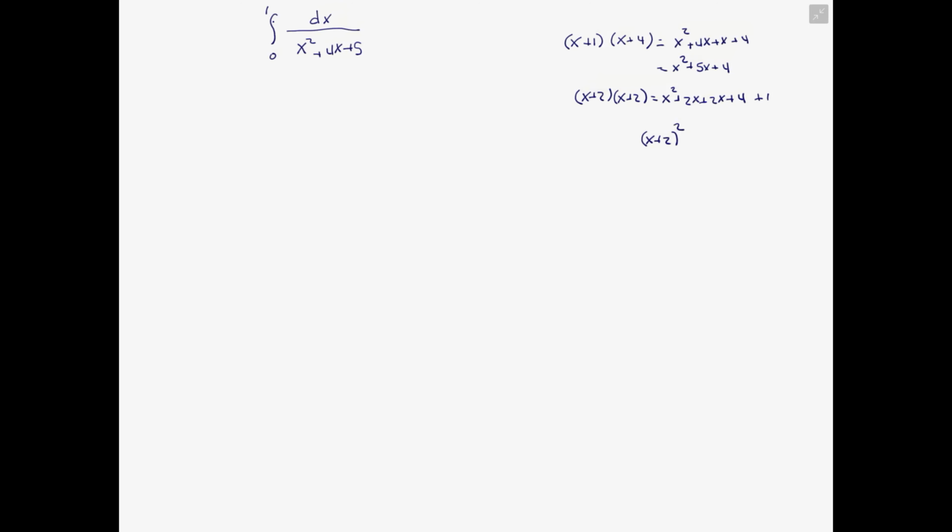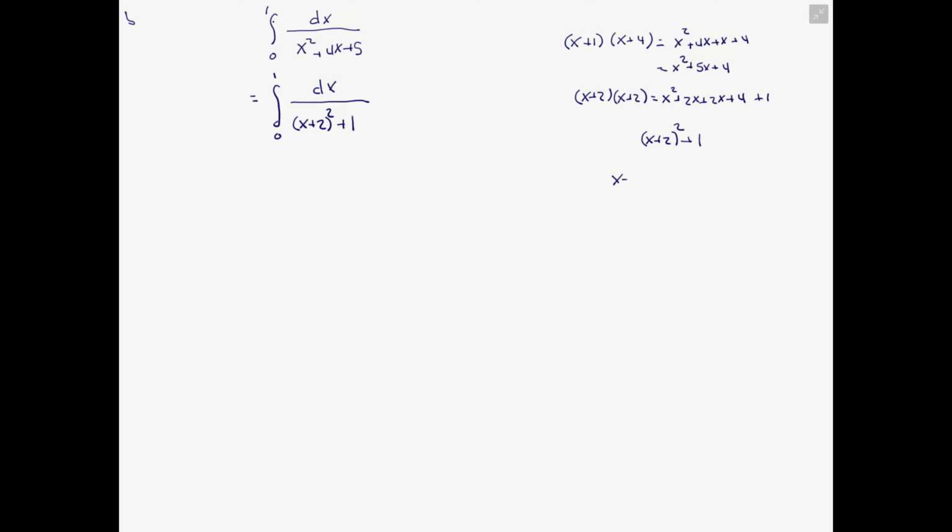So this is x plus 2 squared, and to get the 5 we have to add 1, so plus 1. So let's try this: the integral from 0 to 1 of dx over x plus 2 squared plus 1.